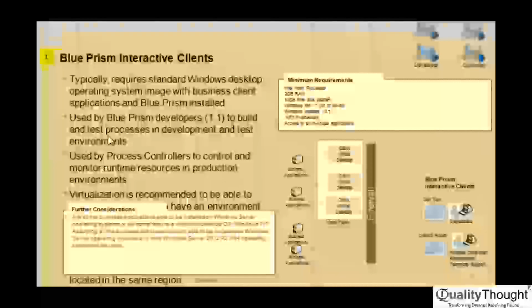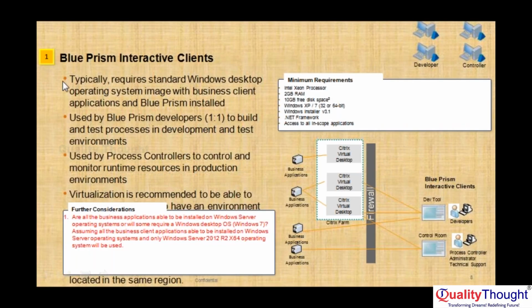Interactive client typically requires a standard Windows desktop operating system image with the business client applications and Blue Prism installed. So who will use this interactive client? Developers. RPA developers use interactive client to develop the script by automating the process steps.